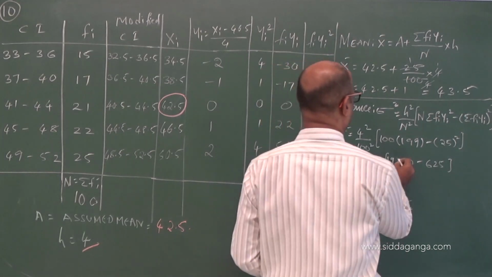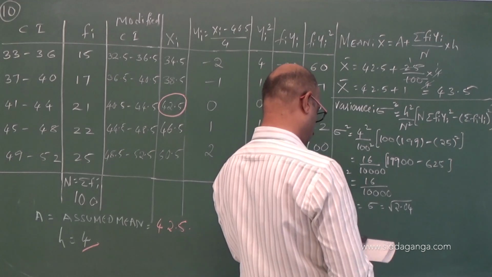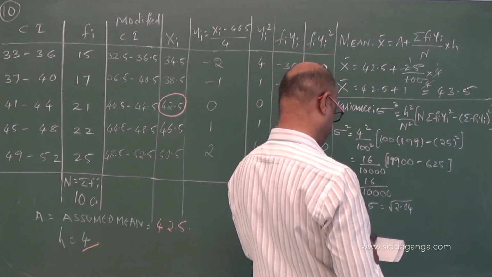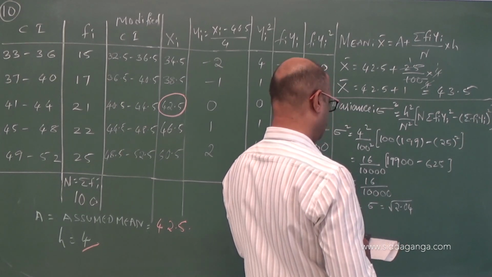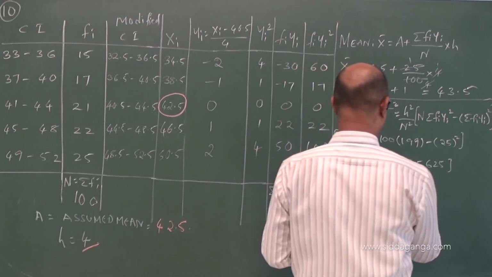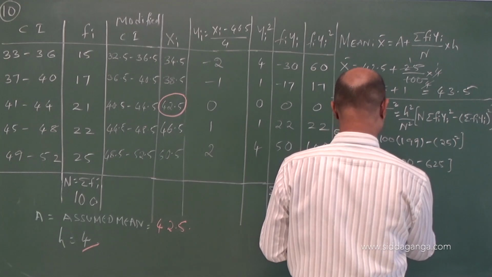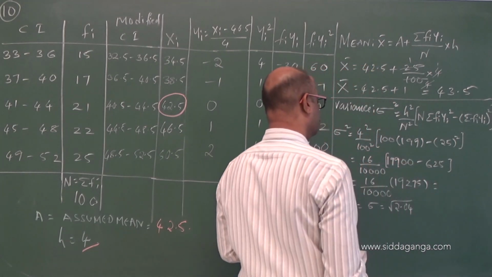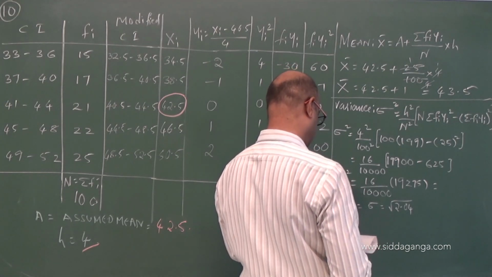This is 19900. 19900 minus 625. You will get 19,275. 19,275 multiplied by 16.